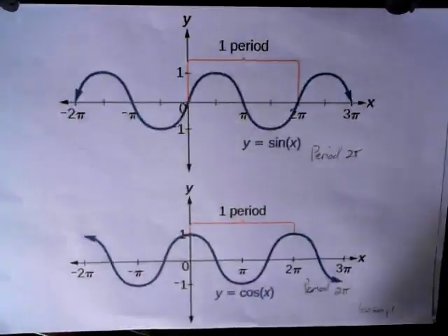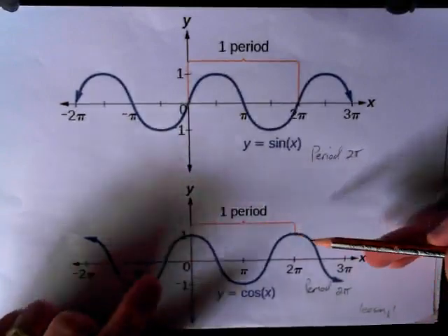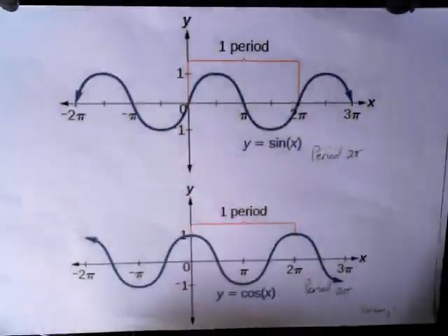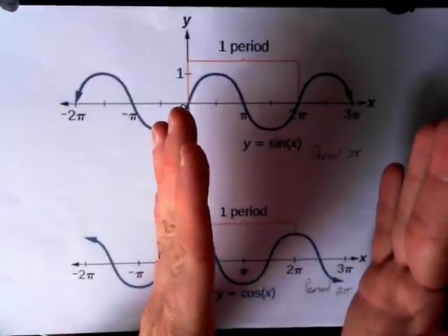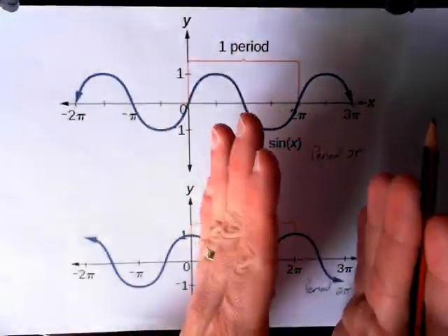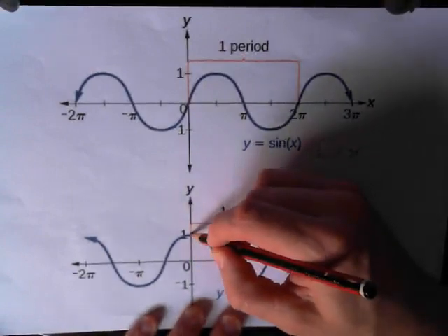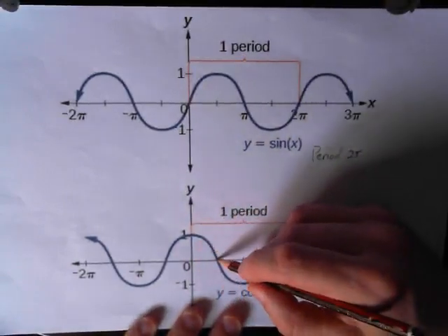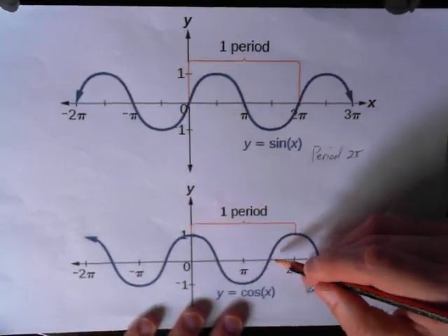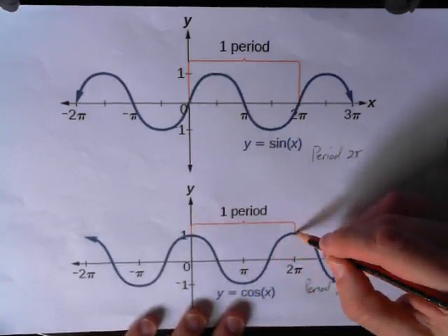As you can imagine, it's the same shape of graph, but everything has been shifted. You could almost imagine the bottom graph is the top graph, just shifted back this way, because cos 0 is 1, cos pi on 2 is 0, cos pi is -1, cos 3 pi on 2 is 0, cos 2 pi is 1.